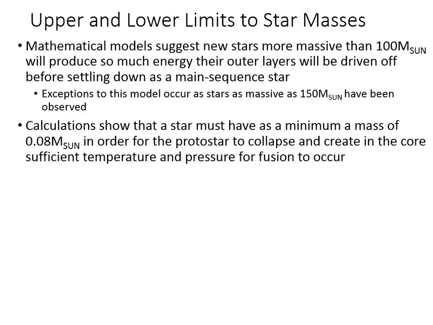That is a critical mass, because anything less than 8% of the mass of our sun tries to create the temperatures and pressures it needs in its core, but it never can, to fuse hydrogen into helium.